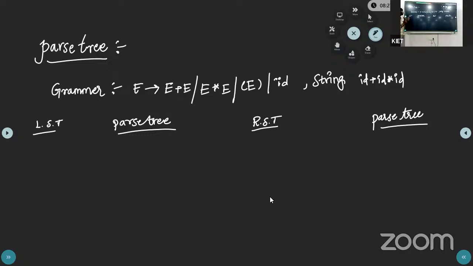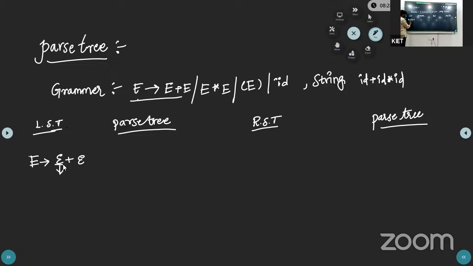I am going to construct a parse tree for the given grammar, and the string is ID plus ID into ID. Now I'll take the starting grammar as an input, where E goes to E plus E. As it is a leftmost derivation, I should start from the left side.